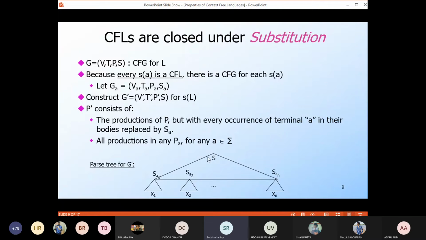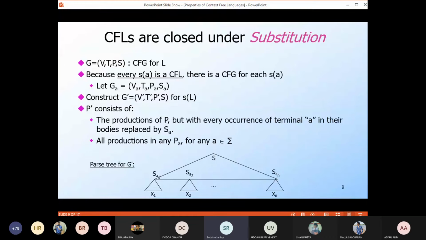And remember, this is also a parse tree from a context-free language, because the substituting language is also context-free. If this substituting language is context-free and has a parse tree like this, and the original was already a context-free language and has a parse tree, what you have done is you have simply grown the tree bigger.